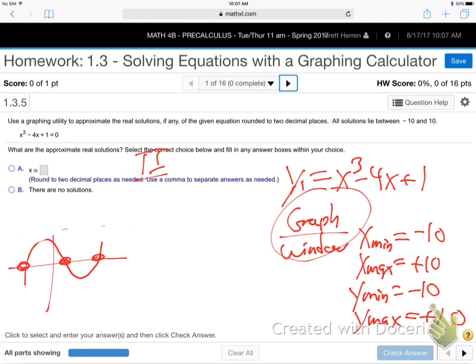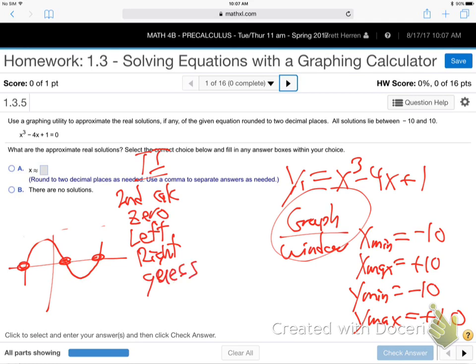What is it? I'm trying to remember what it is I did. Second calc. So you do second calc, and then choose zero. And then after I choose zero, I go left of it, right of it, a guess.